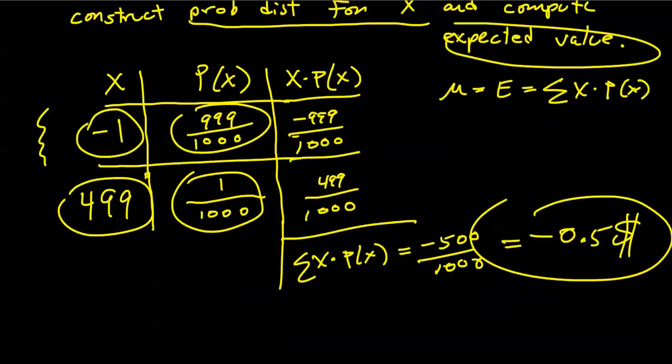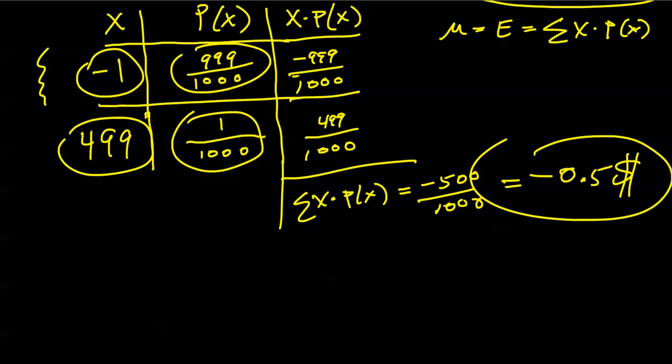And believe me, that negative sign is not there by accident. This negative 50 cents is what the house can more or less count on for every play of this game. And really all casino type games of chance, all these lotteries, whatever, you can rest assured that if you grind it out, they will all have a negative expectation, meaning that the player can usually expect to lose in any given play of the game.